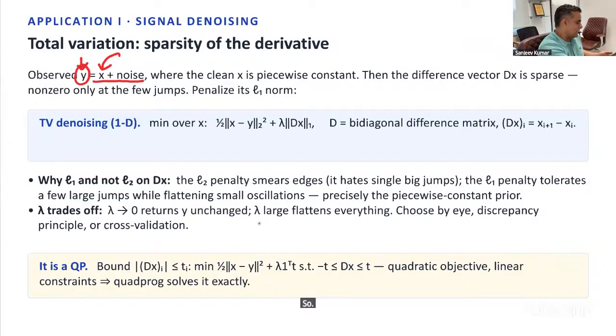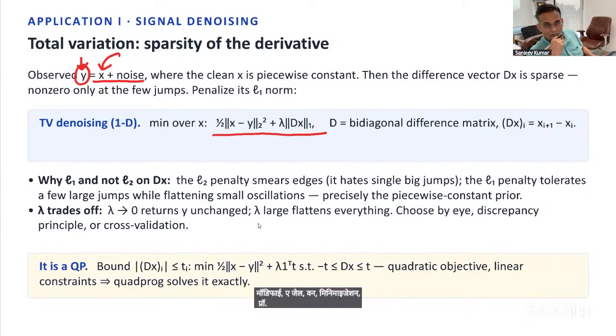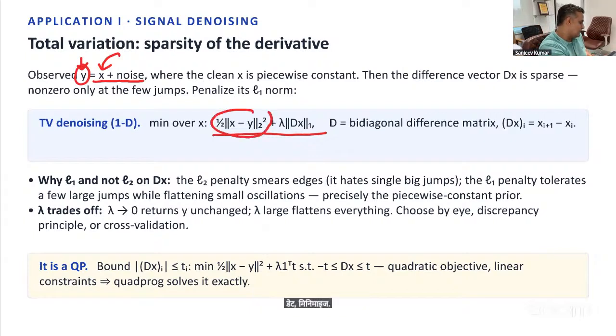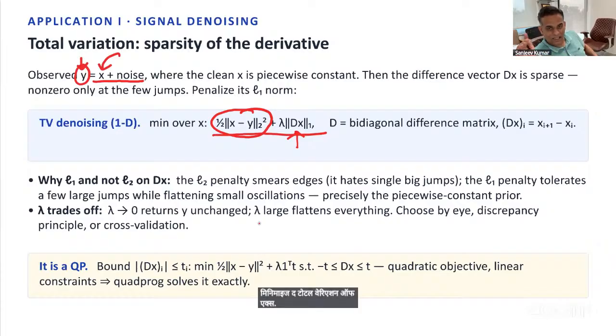So this problem I can modify as an L1 minimization problem: minimize the L2 difference between x and y, plus minimize the total variation of x. Because y is a noisy signal, and a noisy signal will be having a lot of variation.